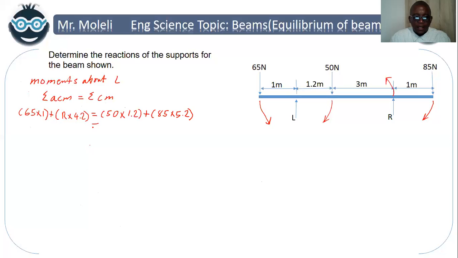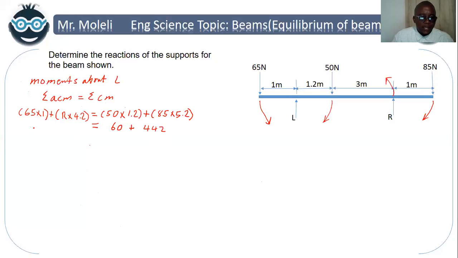People, remember, it's important to get this correct, because once you get this equation correct, you're good to go. When you multiply this bracket, you have 60 here, and when you multiply the other bracket, you must get 442.